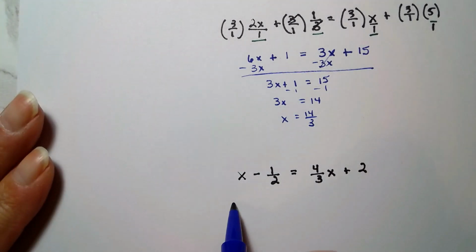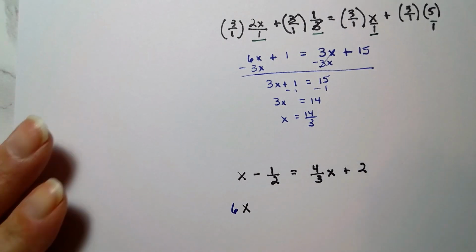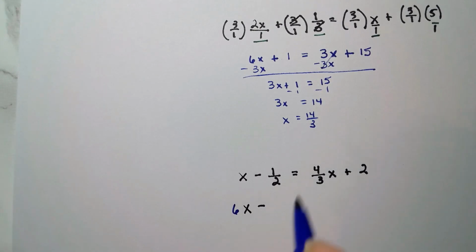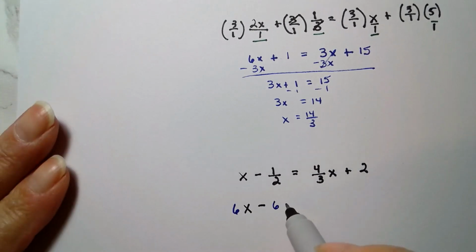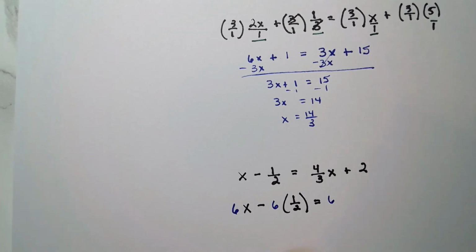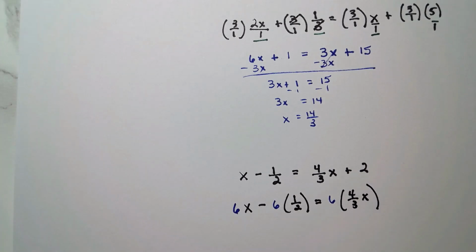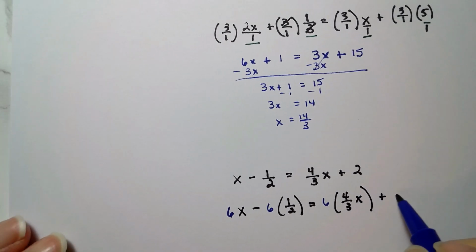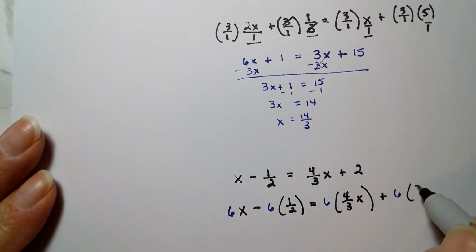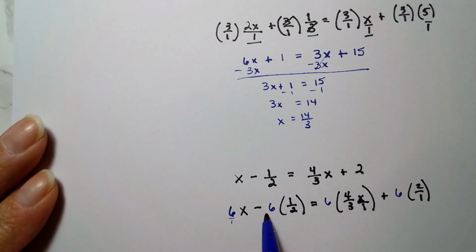So I'm going to write 6 times x, bring the minus down, minus 6 times 1/2 equals 6 times 4/3 x, plus 6 times 2/1. And again, you can put the x/1 if you want to, and you can even put the 6/1 if that helps you.